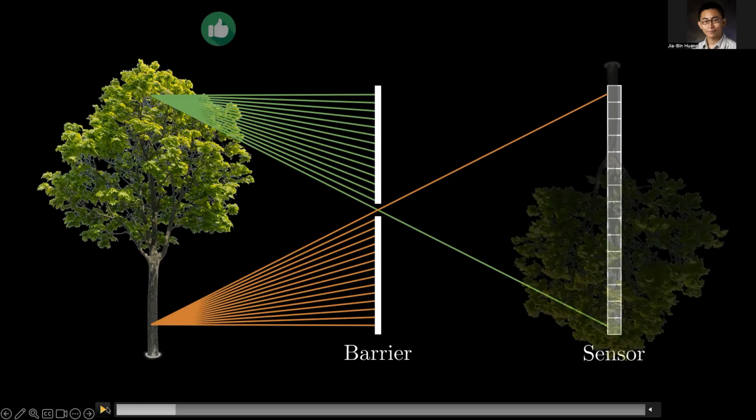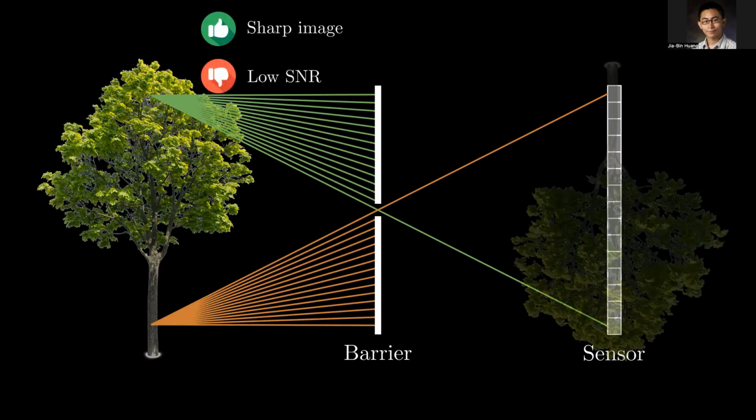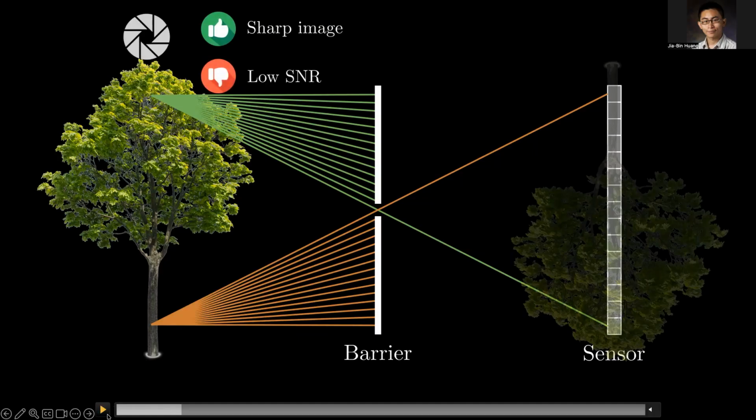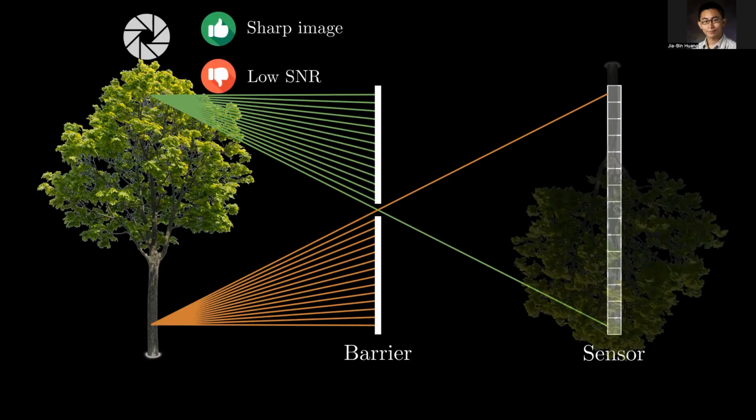On one hand, it's good because it's sharp. On the other hand, it has low SNR, signal to noise ratio. It's very dark, right? You can actually make a pinhole camera yourself: you just puncture a hole and you'll be able to see this.